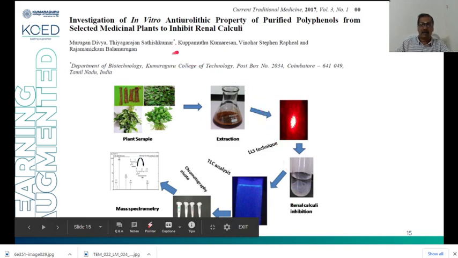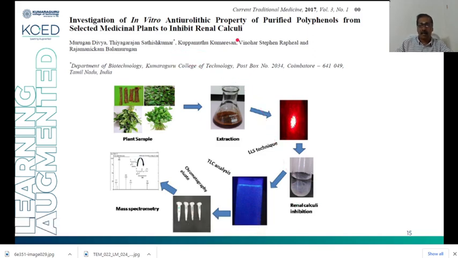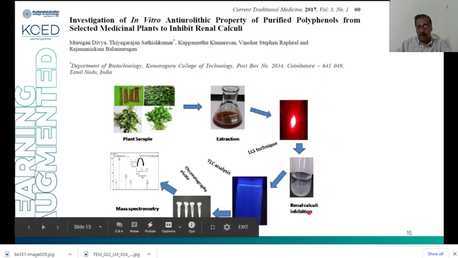Renal calculi is nothing but stone aggregation. It's nothing but a renal stone, kidney stone. And then we looked for the presence of polyphenols by using TLC analysis. We purified using chromatography, preparative thin layer and column chromatography, right?